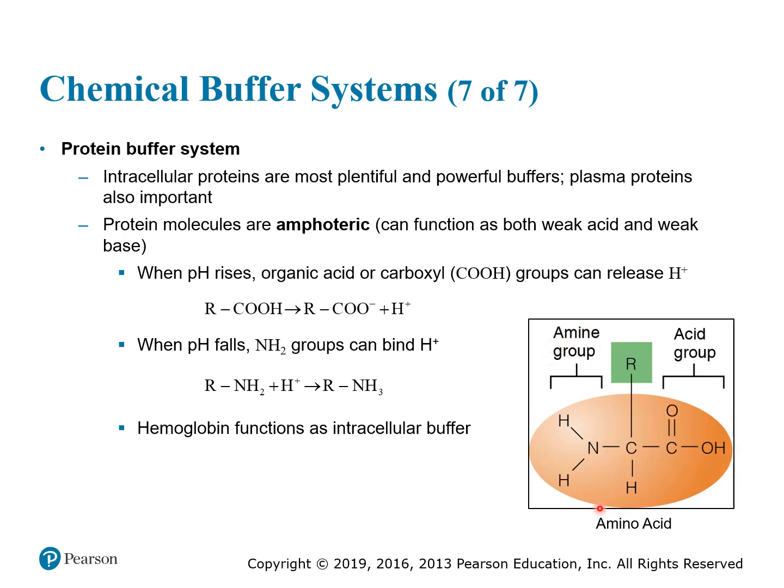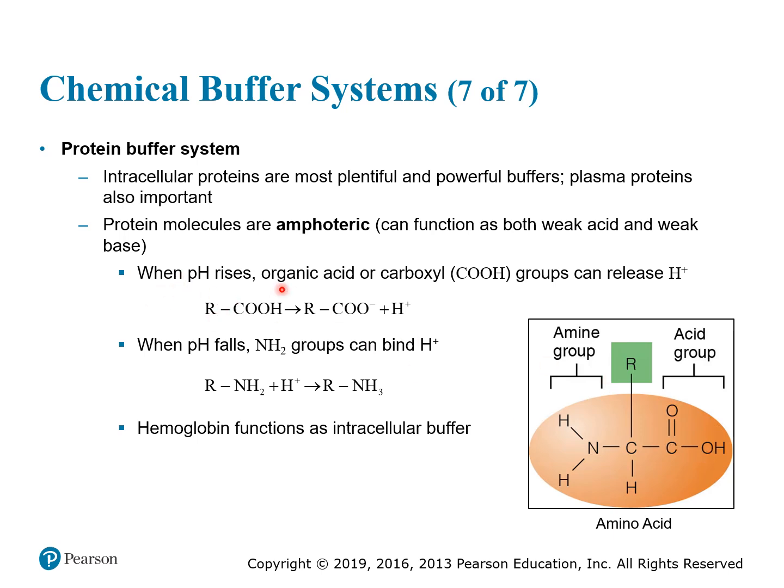So it means that every protein in itself has an acidic group and a basic group. So protein molecules are called amphoteric. Amphoteric means they can function as both weak acid and weak base. When the pH rises, the organic acid or the carboxyl groups can release hydrogen ions.